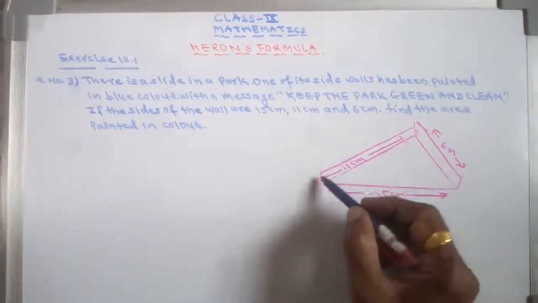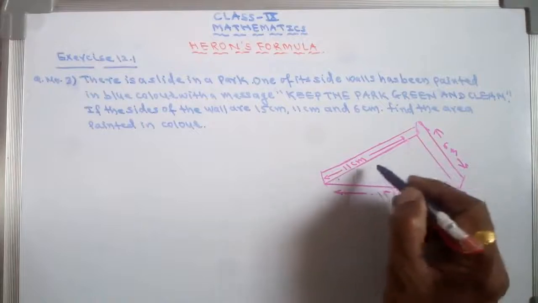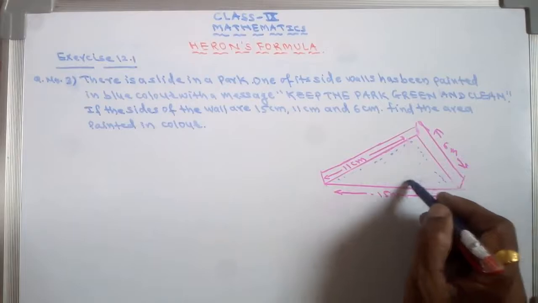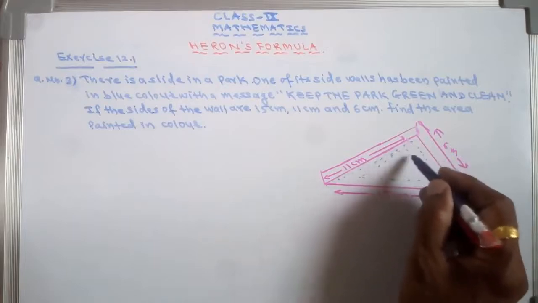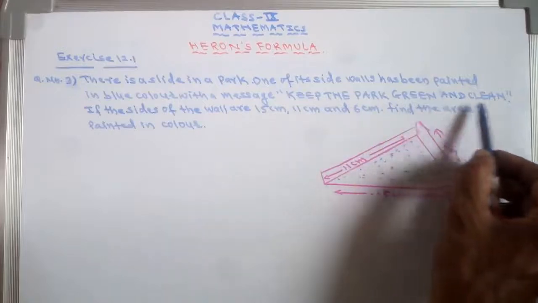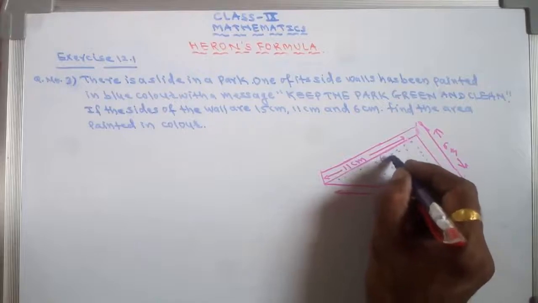So students, this is suppose the slide, and this is the wall of this side, and this is colored with blue, okay, and it is written keep the park green and clean.